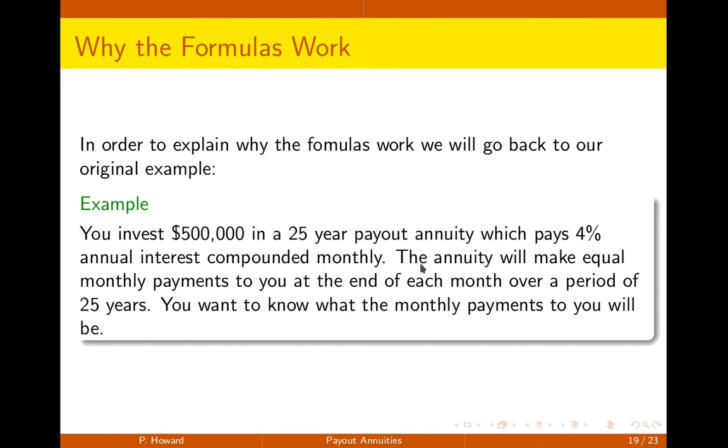And as always in this course, the annuity will make equal monthly payments at the end of each month over a period of 25 years, and you want to know what the monthly payment will be. For the remainder of this explanation, I'm going to leave it on the slides, but not put it on the video. So to see why the formulas work, you can access the slides for this video.